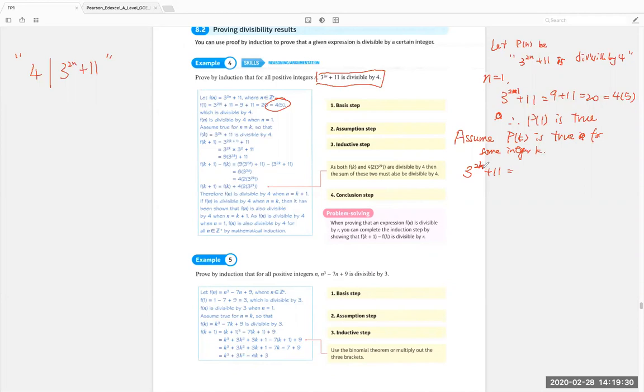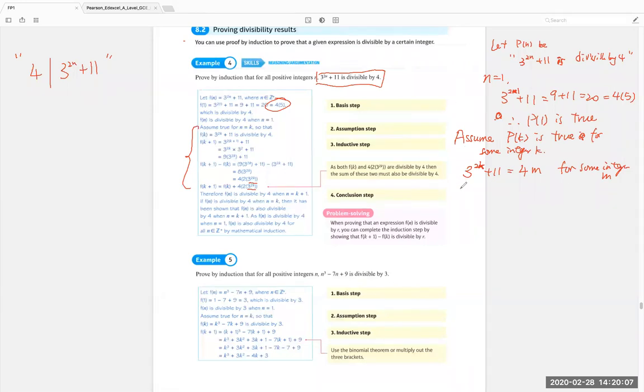And then it is divisible by 4, so you can write it as 4 times some integer m. This can simplify your calculation later on. If you don't, you need to carry this thing through all the time, and it is such a tedious proof. So let me show you why I write it like this and how it can simplify your proof.